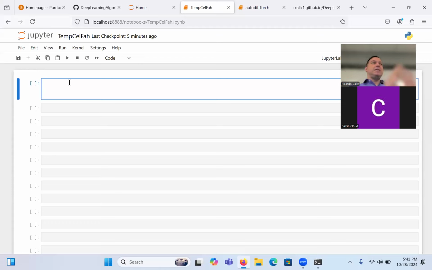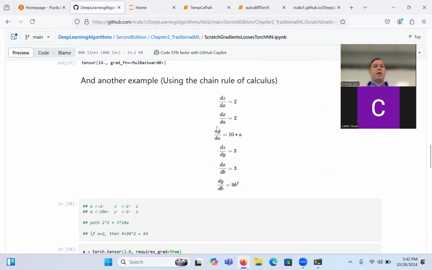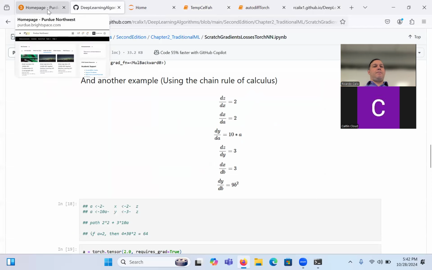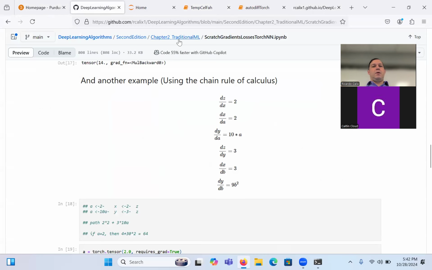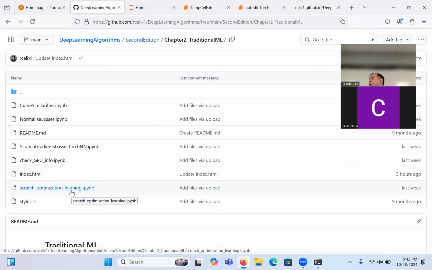I'm going to take the ideas of the previous example and add a little bit more to it, and eventually this will look very familiar to the training that you've already done. So I'm going to go back to my Jupyter here. The final one is this one, Scratch Optimization Learning.